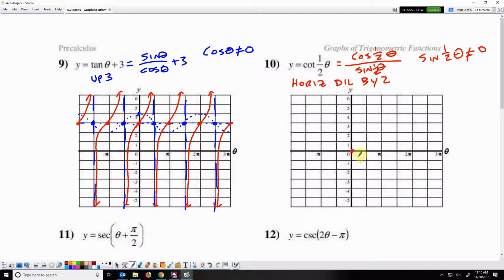But it's got a horizontal dilation by 2, which means instead of going up and having a vertex right here, it's going to be stretched way out to here. Every time it touches its axis, there will be an asymptote.